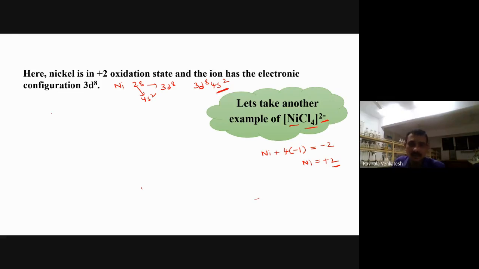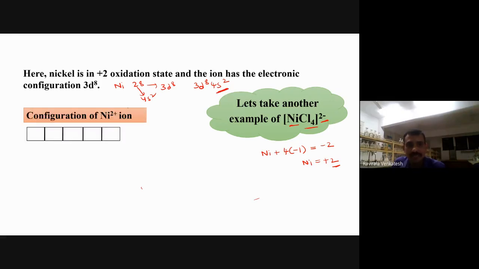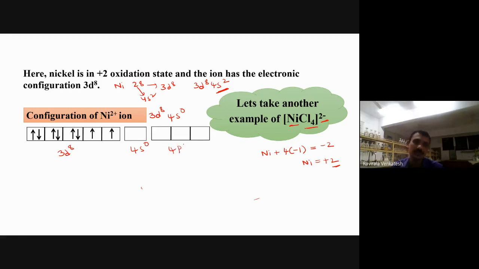So we get the nickel +2 configuration as 3d8 4s0. Now fill the electrons here: 3d8, 1 2 3 4 5 6 7 8. This one will be the 4s0 and this one will be the 4p orbital.